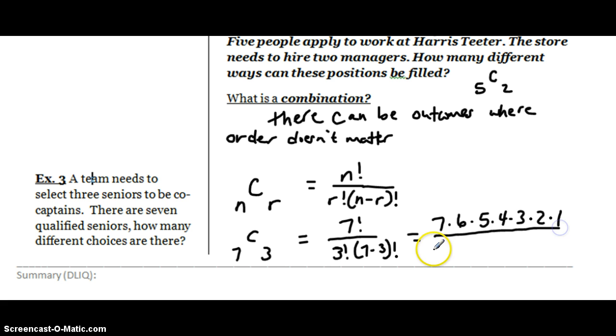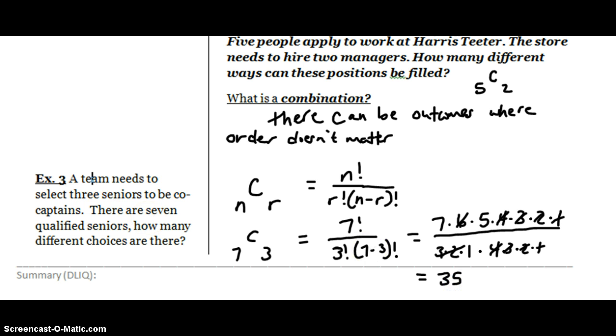Remember, 3 factorial will be 3 times 2 times 1. And 4 factorial will be 4 times 3 times 2 times 1. So to simplify this fraction, we can cancel our common factor of 4 and 3, also 2 and 1, and then 3 times 2 is 6, so that could cancel with this 6. So our total number of combinations would be 35, 7 times 5.